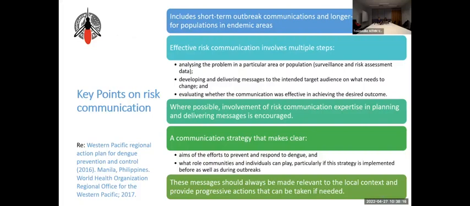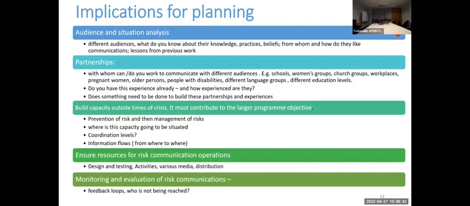Again, some key points here on what you need to think about in a risk communication strategy. And again, these will be a nice checklist for you about what to look at when you try to develop this part of your strategic plan. And again, another bit of a checklist there for you.